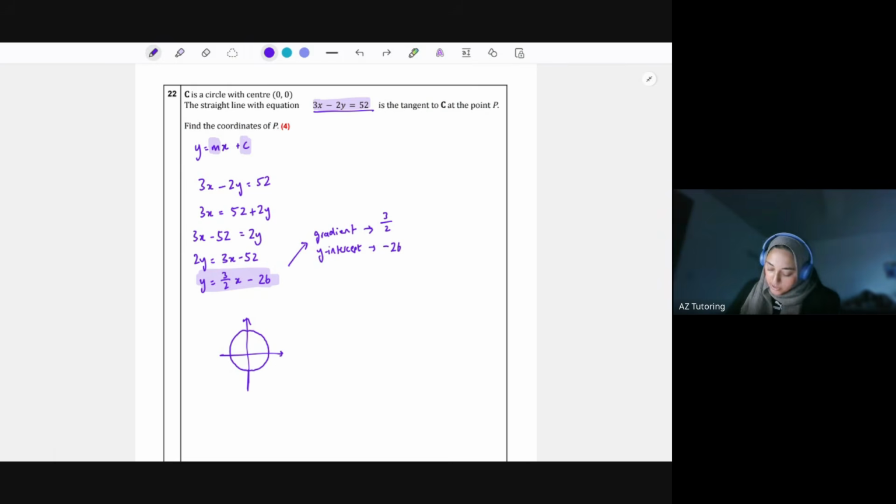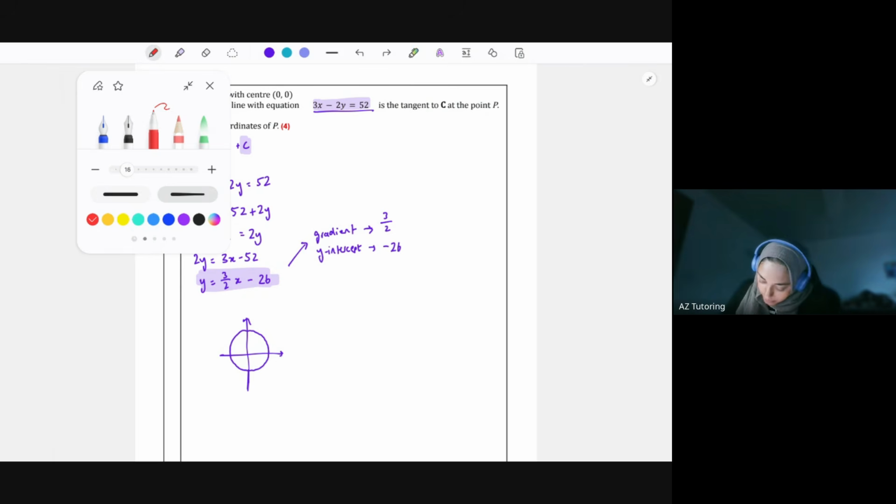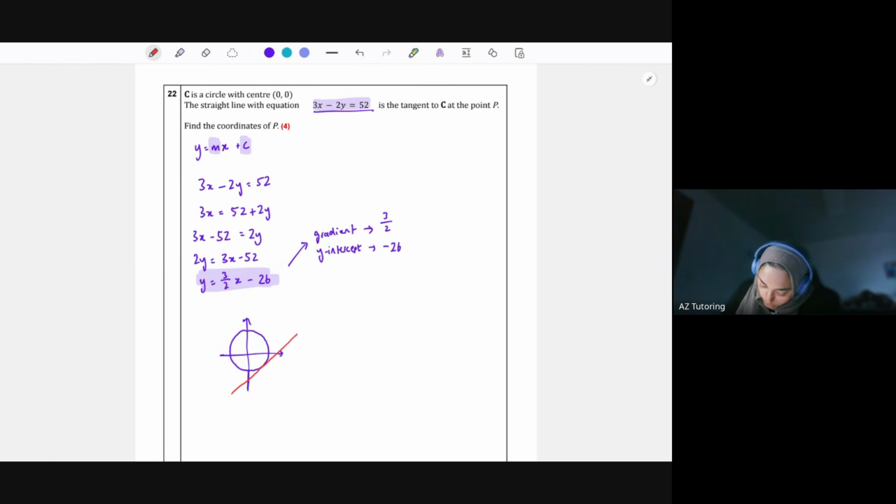So if it's crossing down here and it's got a positive gradient, I can just say that it looks somewhat like this. I kind of sketched it accidentally right in the beginning, because it's quite common that they do it in that position. So roughly that's what our graph looks like.